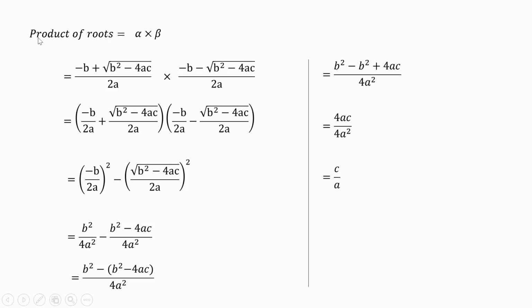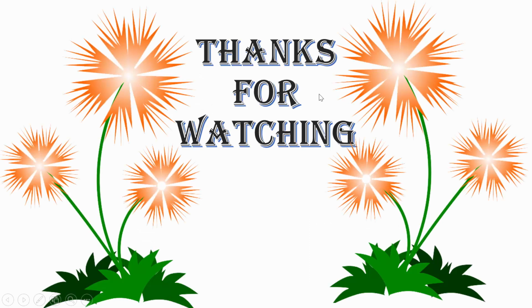Therefore the product of the roots, alpha into beta, is equal to c by a. So we know the relation between the sum of the roots and the coefficients, and the product of the roots and the coefficients. Thank you friend, and thank you for watching this video.